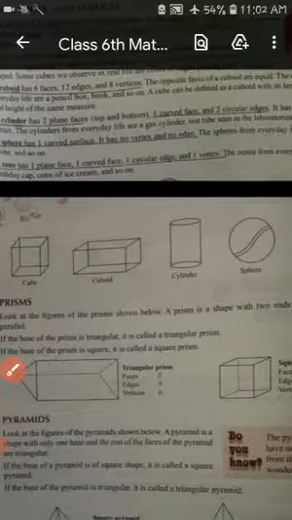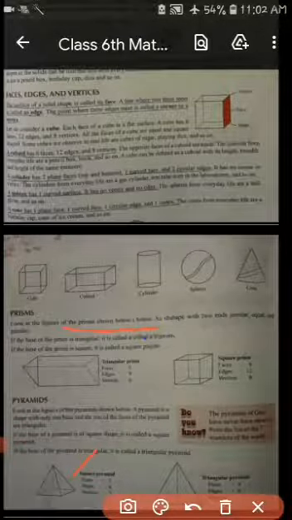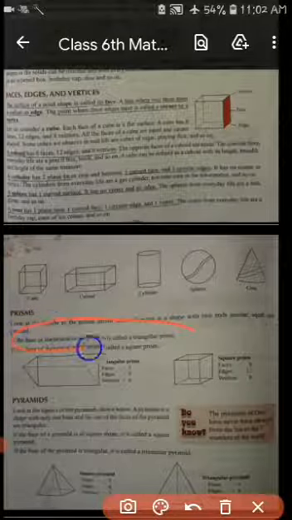Okay. Now, what is a prism? Look at the figure of the prism shown below. A prism is a shape with two ends similar, equal, and parallel. If the base of a prism is a triangle, it is called a triangular prism.